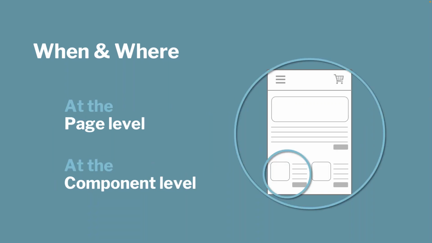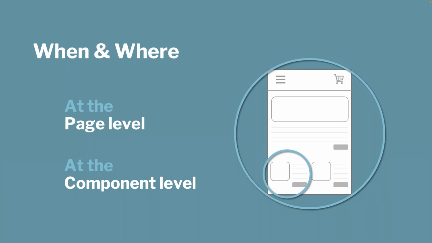Okay, so let's get into brass tacks here and talk about exactly when and where. Now, I'm going to be talking about a website right now, but this goes for all types of properties, and we'll get into omnichannel in just a few minutes. But as far as a website goes, where do we personalize?